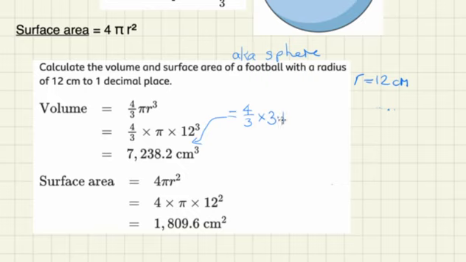Now it says to one decimal place, but when I did this calculation to one decimal place, I didn't get this answer. In fact, whatever I did, I didn't get this exact answer. Came close to it. But as long as you put in your working and every detail, then you should get quite a lot of marks for that. So this is 12 cubed, and 12 cubed needs a little bit of calculation. 12 cubed is 12 times 12 times 12.